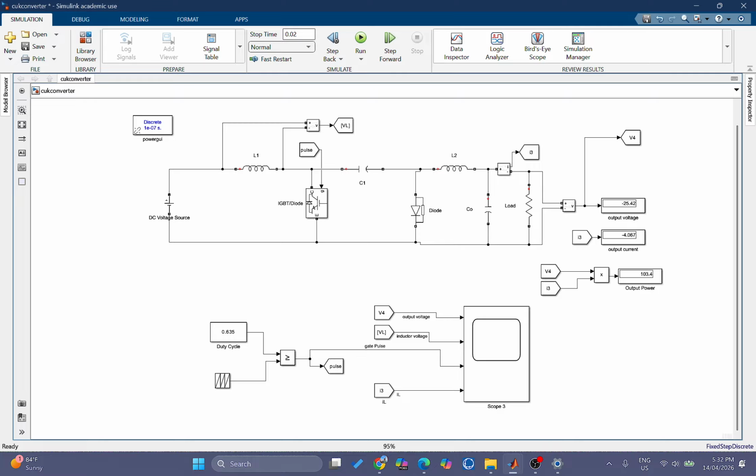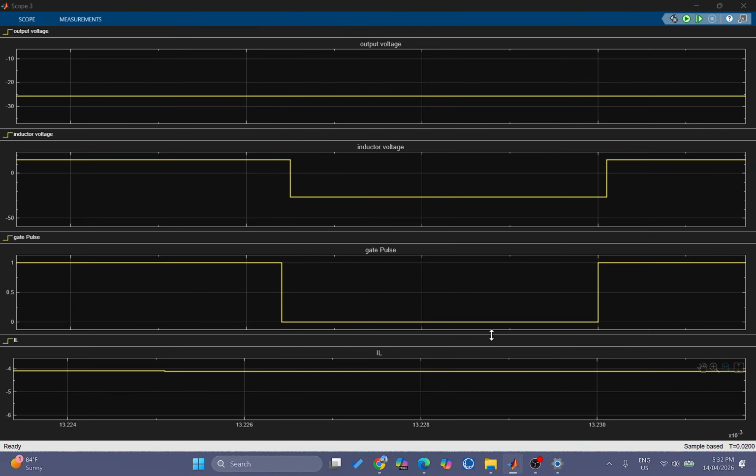Now when we check the output voltage, we are getting 25 volt. The ripple is less than 0.5 volt. You can see that the inductor current never reaches zero. It never reaches zero, so it is either positive or negative.